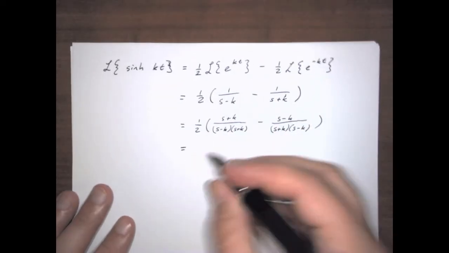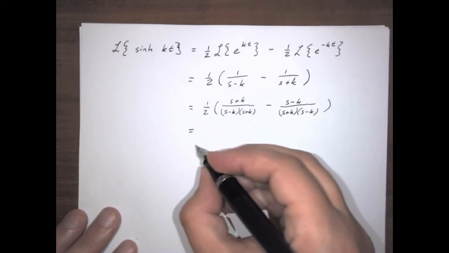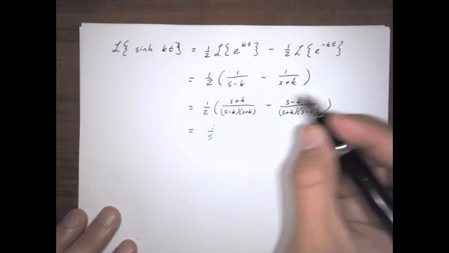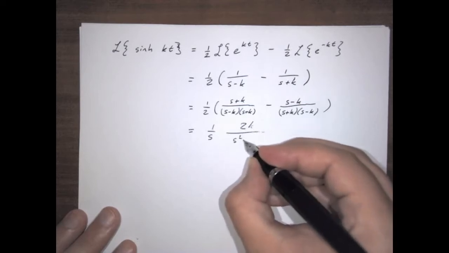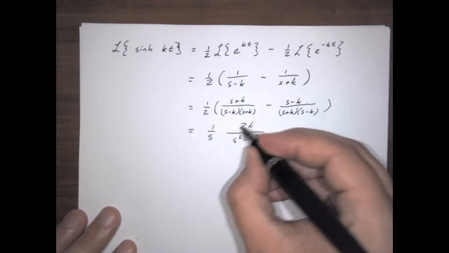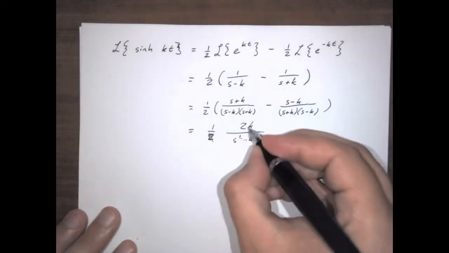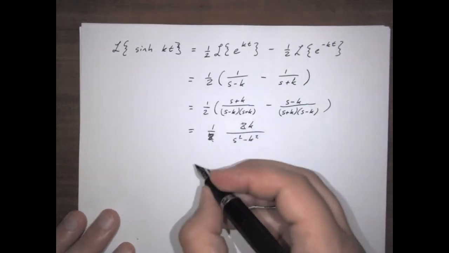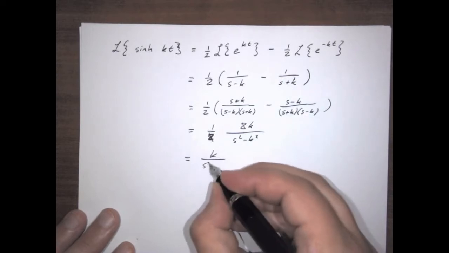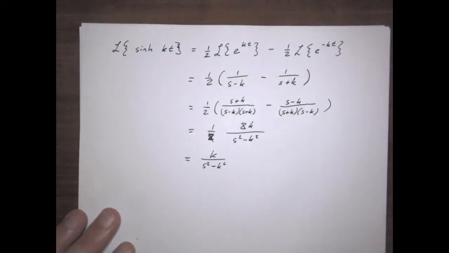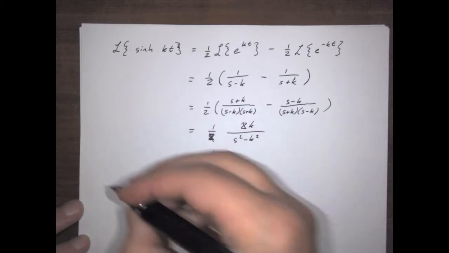And that's going to have the effect of canceling the s's, and it's going to be 2k over s squared minus k squared. Sorry, that's 1/2 times that. And so then that's going to give us k over s squared minus k squared. Okay, so that is the hyperbolic sine function.